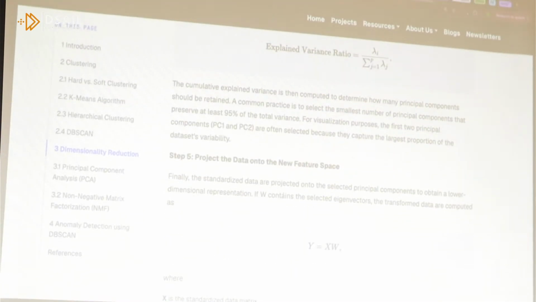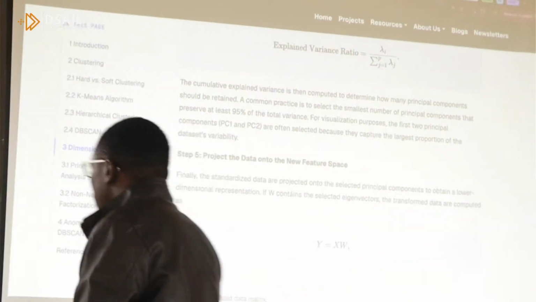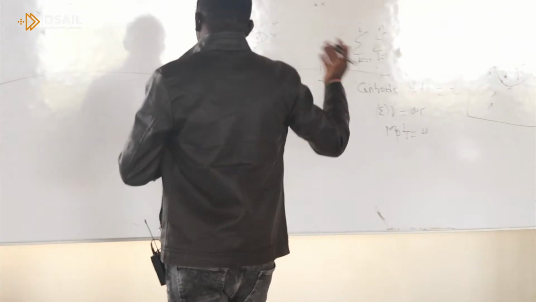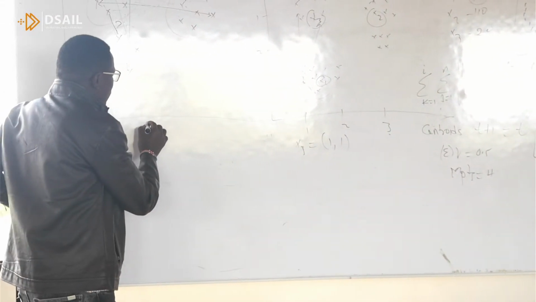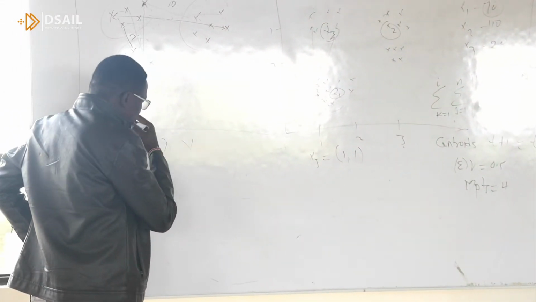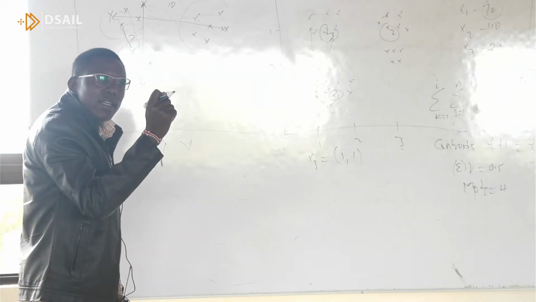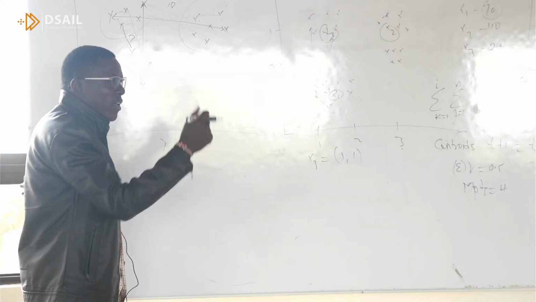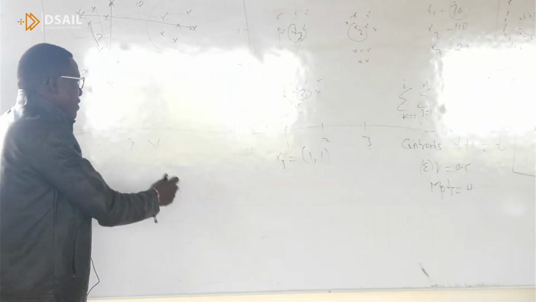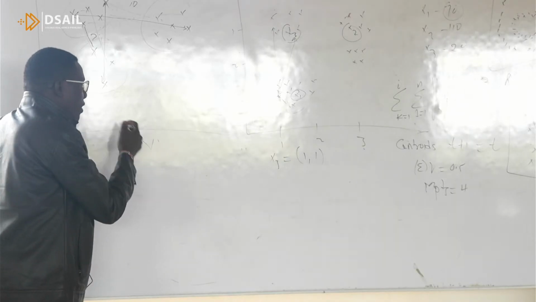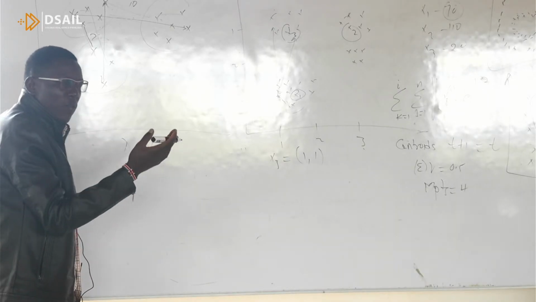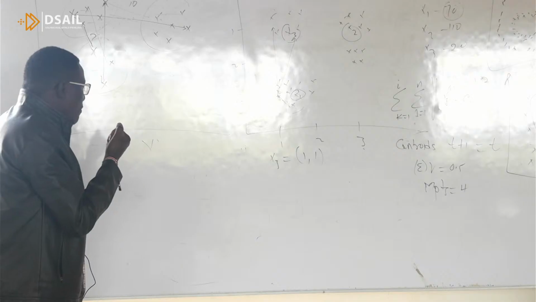Once you have computed them, you sort them in descending order, from the highest to the lowest, and the eigenvalues are also sorted in the same order.